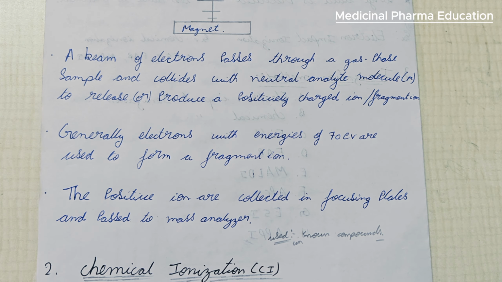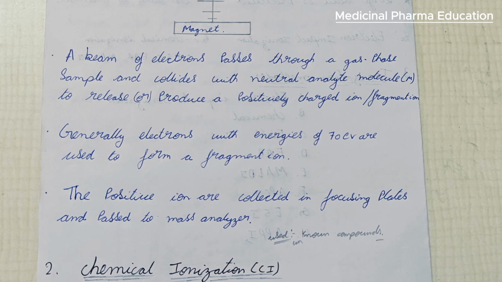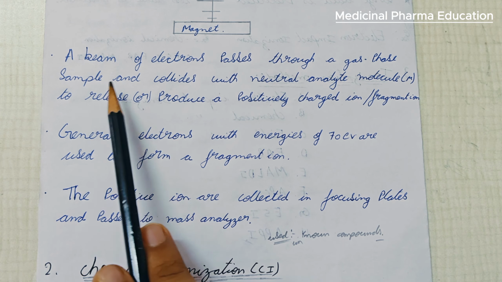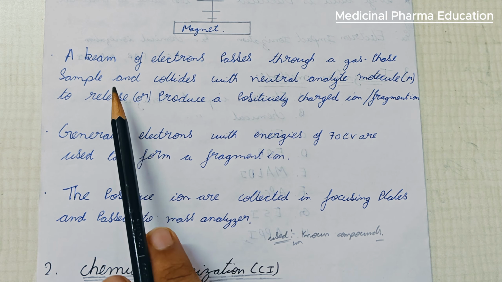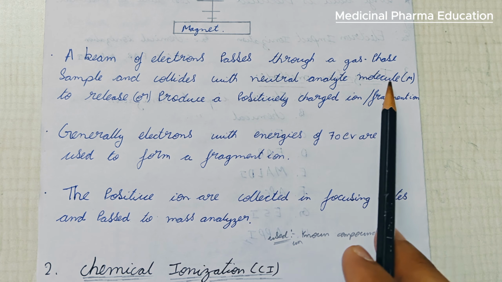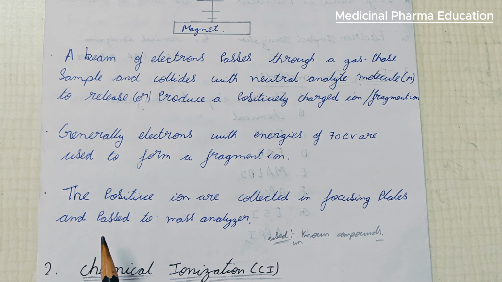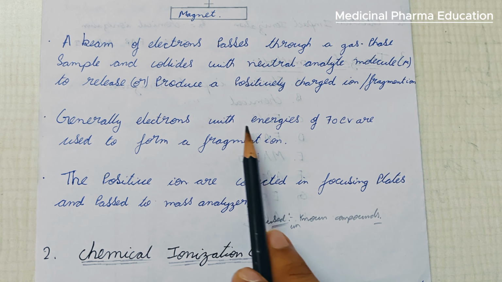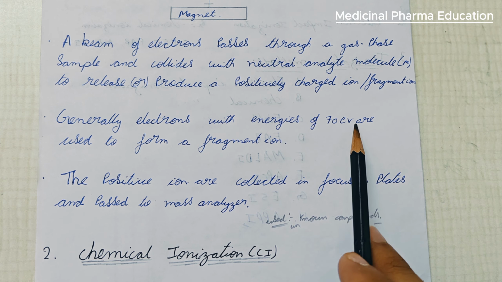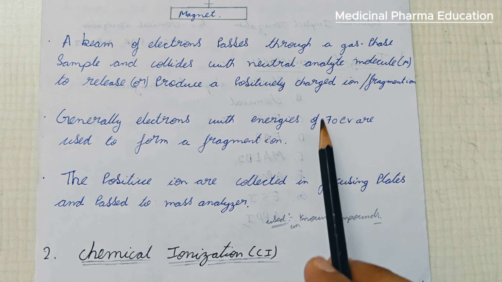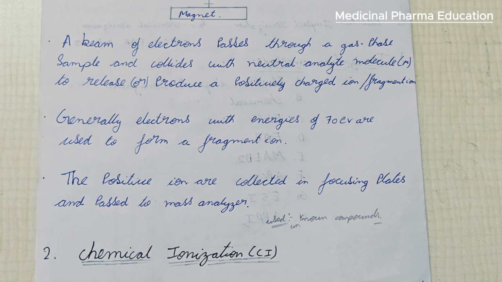I hope you are understanding. Just read it: a beam of electrons passes through a gaseous phase sample and collides with a neutral analyte molecule to produce positively charged ions or fragment ions. Generally electrons with energies of 70 eV are used. If you use higher energy, the fragmentation takes many electrons from the sample.